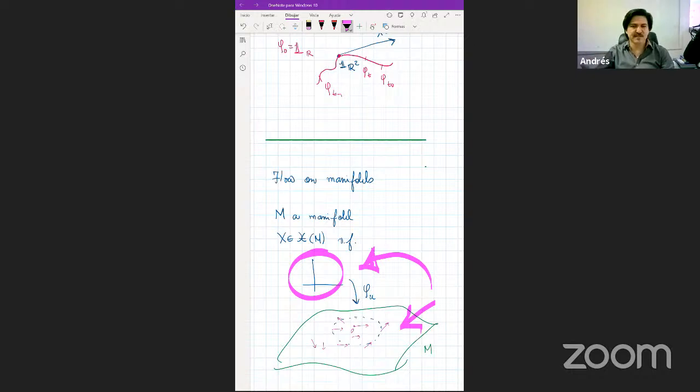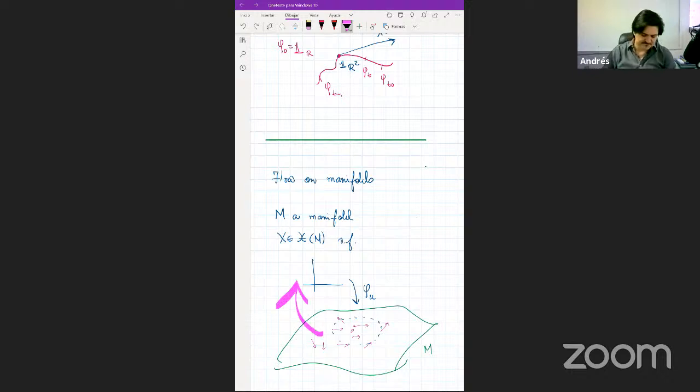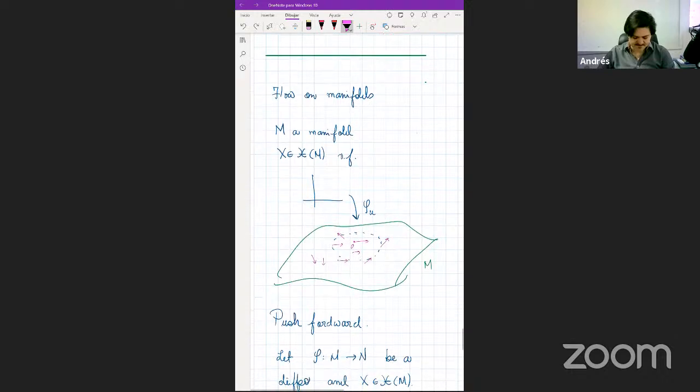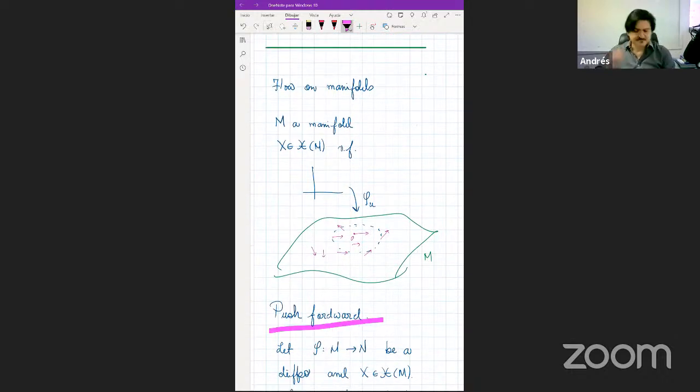And then using the same chart, you come down to the manifold. So in order to get a vector field here from a vector field there, we need to define the push forward.